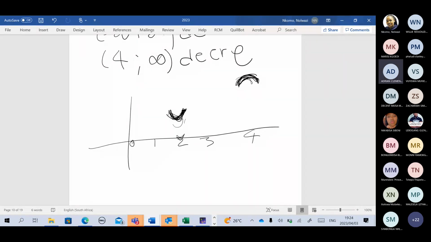Oh, okay. And if the minimum is facing up and the maximum is facing down, remember there are only 2 stationary points here, right? If there are only 2 stationary points, that means we don't have other curves, because the stationary points are where you find the turning point, the curve.